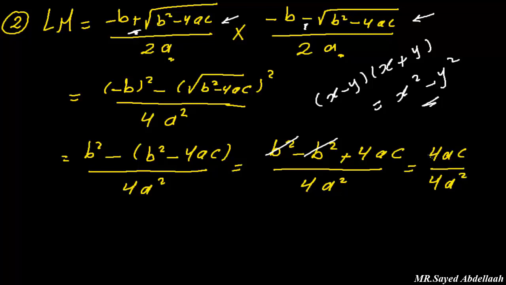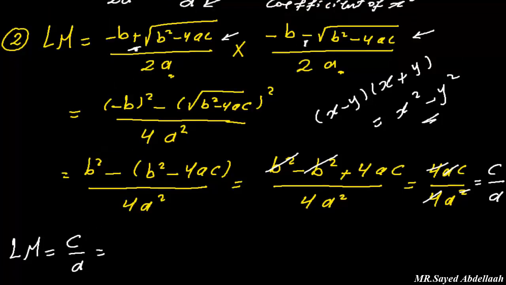Okay, divided by 4, divided by 4a. Then the result is c divided by a. Now we can say that L times M equals c over a.